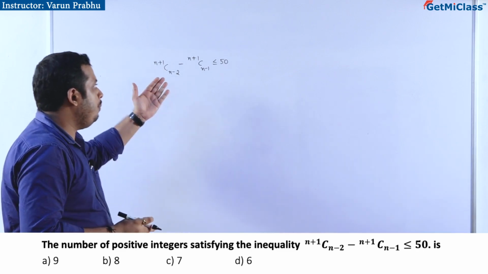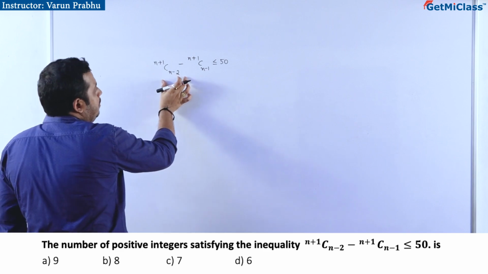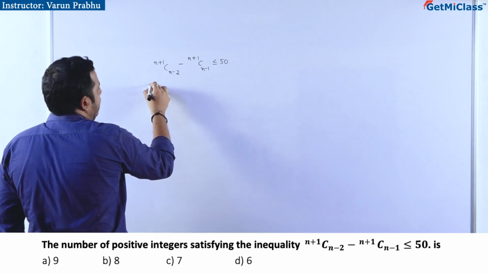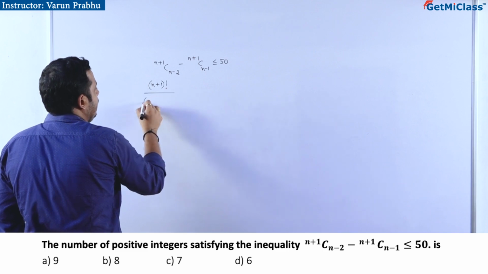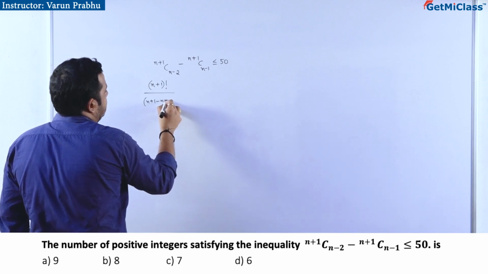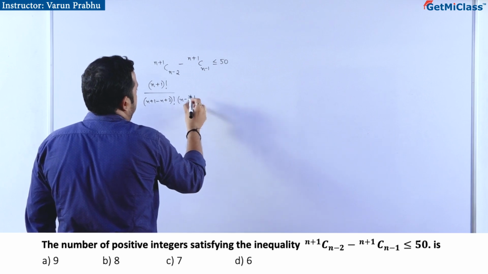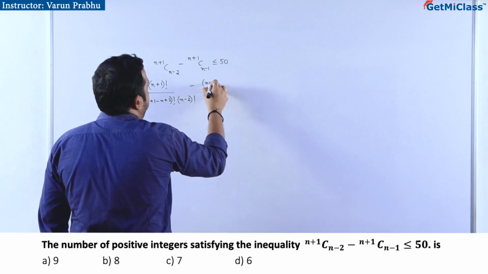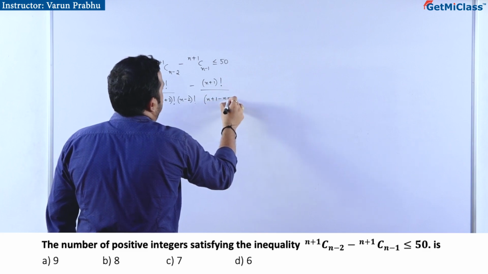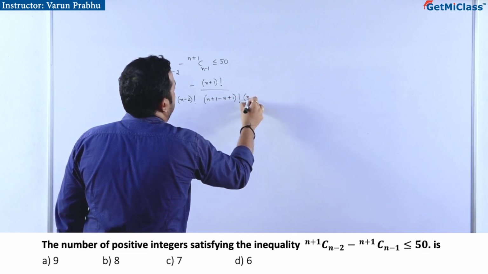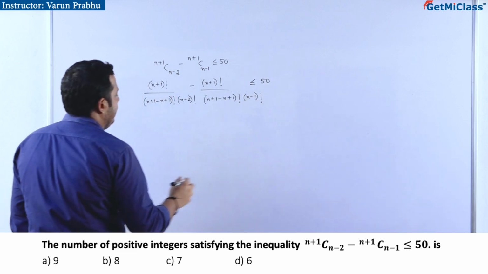Let's see the number of positive integers satisfying this particular equation, that's coming from permutations and combinations, right? So I can say (n+1)! divided by (n+1-(n-2))! into (n-2)!, minus (n+1)! divided by (n+1-(n-1))! into (n-1)!, less than or equal to 50, correct?